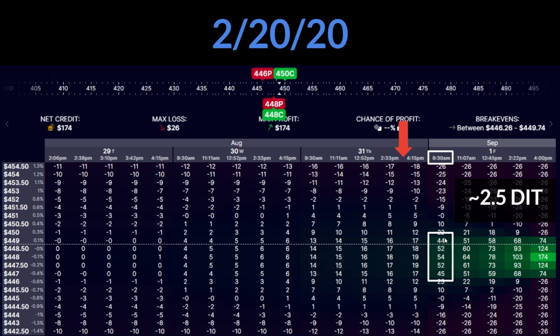Now, of course, this doesn't mean that this is the only time the profit target could be reached. It could be reached over here in this day, depending on the volatility and the movement of SPY. But if all things were equal, when you open the trade, you can expect to be in this trade for 2.5 days.